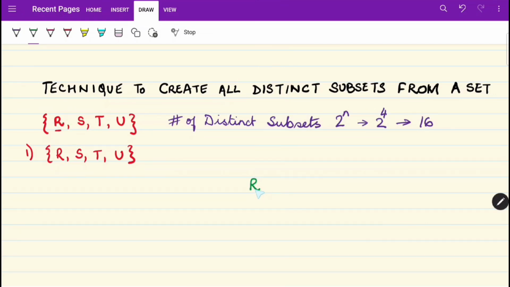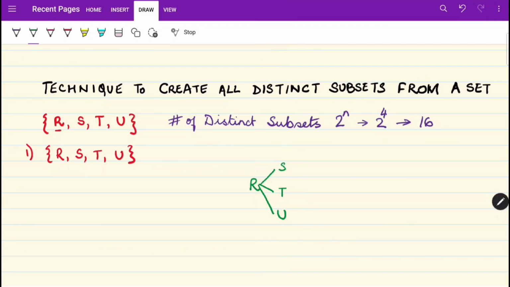I write the first element R, and then I have to go 3 times from R. So after R, what comes next? S, T, and U. So I'm going to draw 3 branches from R and write here R, S, T, and U. Now because I want 3 elements, I have to go once again.